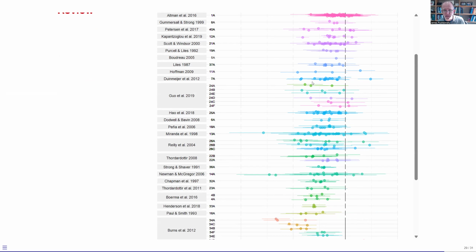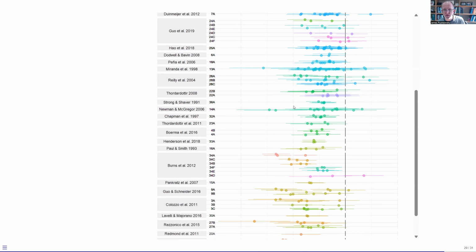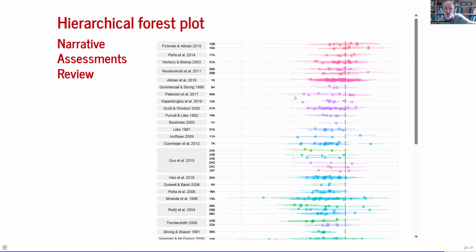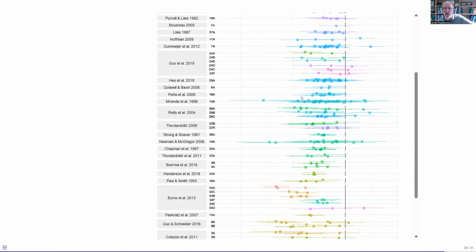So these are the effect size estimates from the narrative assessments review. The forest plot here gives you a sense of the overall variation in effect size estimates, but then you can also look at specific studies and say, for instance, oh, Newman and McGregor, what is the deal with your two effect size estimates here that are so discrepant from all of the other estimates in that study?